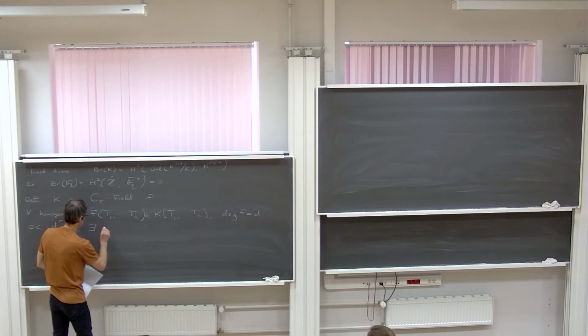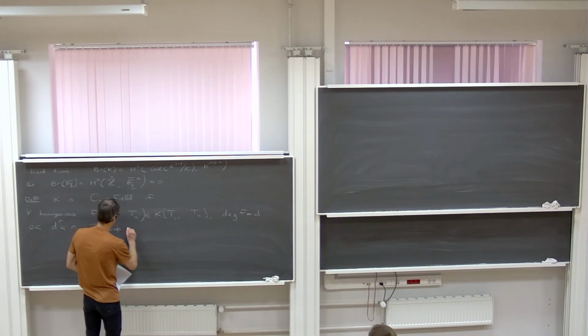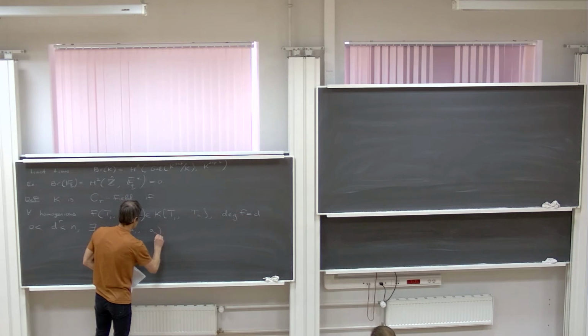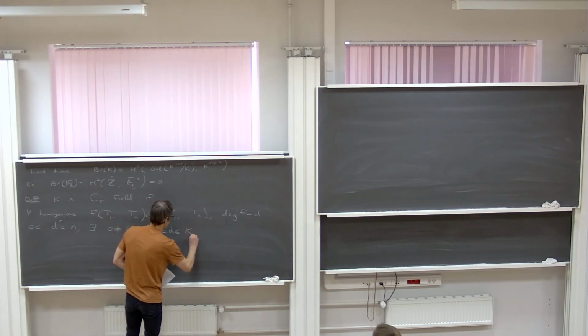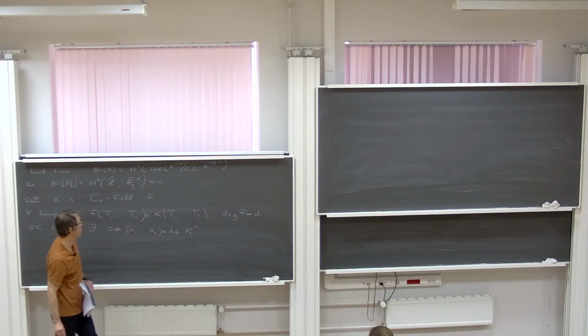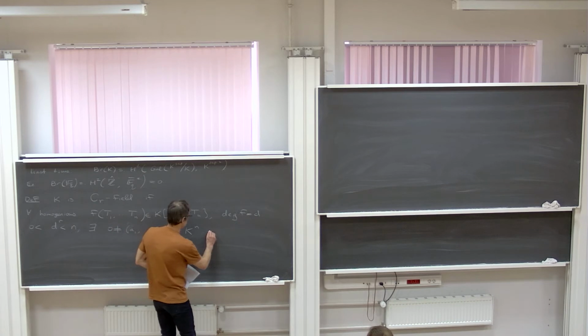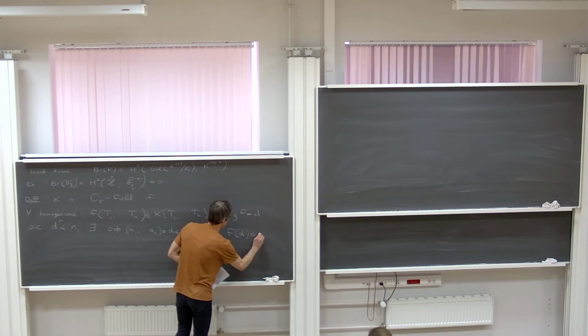So that means that there exists a non-zero element alpha equals (a1, ..., an) in K^n such that f of alpha is 0.